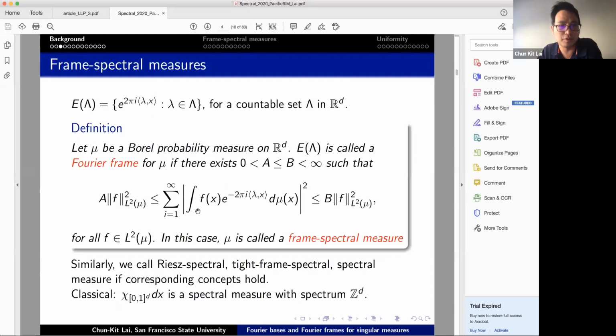A Fourier frame: you have a countable set of exponentials, and it satisfies a generalized Parseval identity, so that means you get a constant such that the L2 norm is equivalent to the inner product of f with respect to the e_lambda. And if it's a spectral measure, it means you have an exponential basis. Does that answer the question?